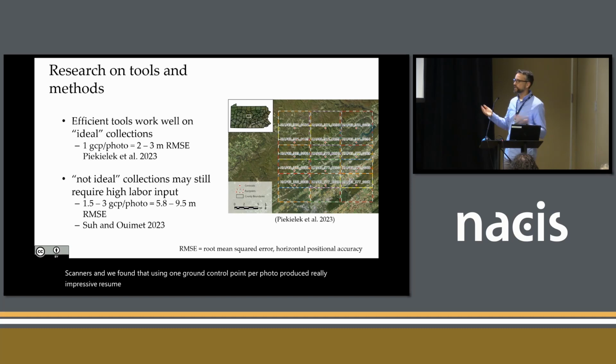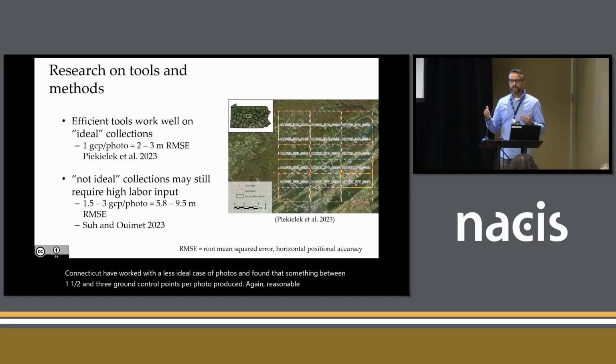So that was encouraging. Other researchers at the University of Connecticut have worked with a less ideal case of photos and found that something between 1.5 and 3 ground control points per photo produced, again, reasonable results.